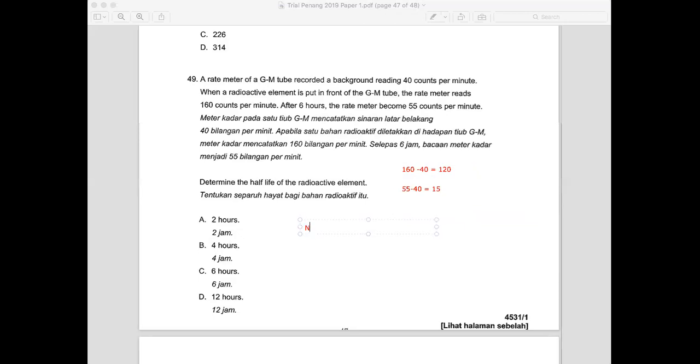So N yang tinggal equals to N naught tu initial, N naught tu divide by 2 to the power of small n. Nombor 2, half life. 2 kuasa n. Okay. So n is the number of half life. Yep. So n ni kita letak 15.